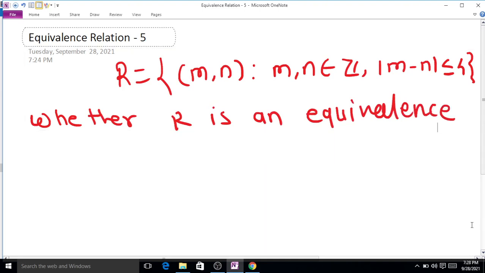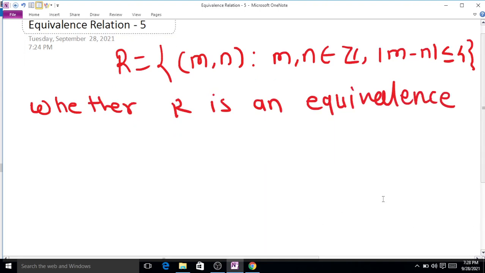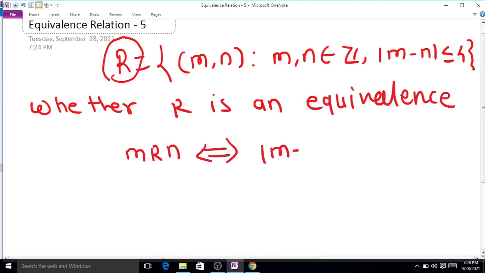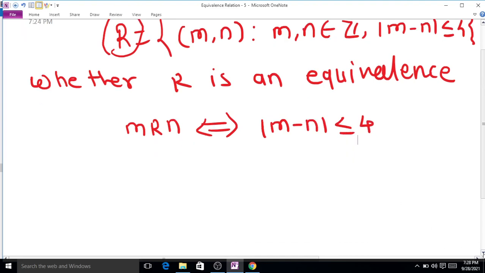Now, what is given here? The relation R is defined on the set of integers, that is, two integers are related if and only if their distance, or the absolute value of m minus n, is less than or equal to 4. We want to check whether it is an equivalence relation.